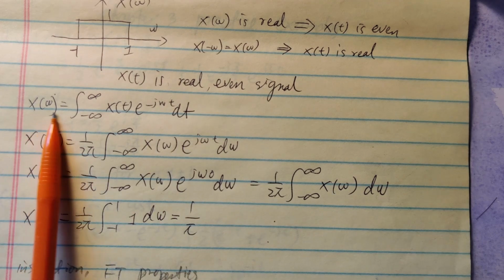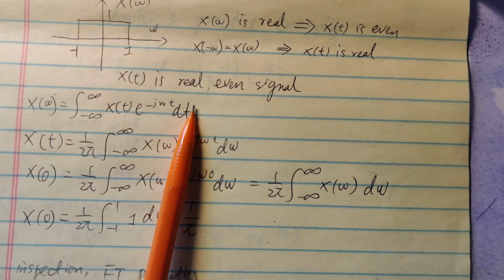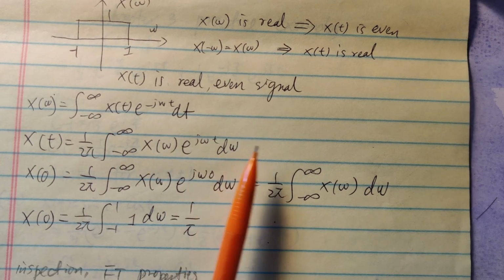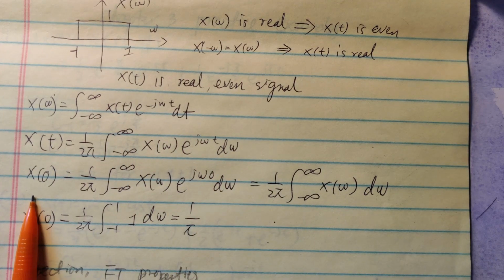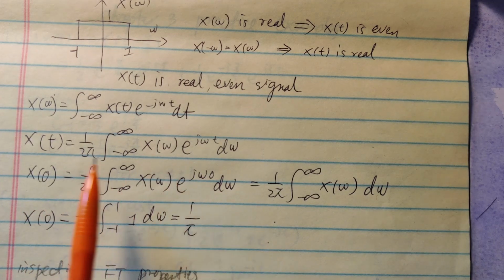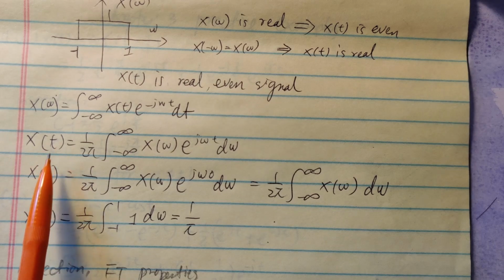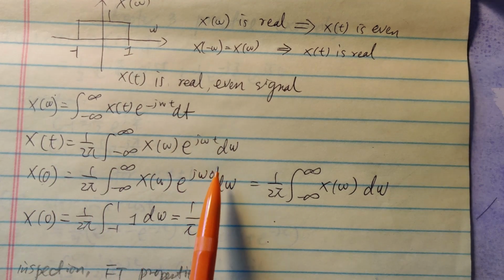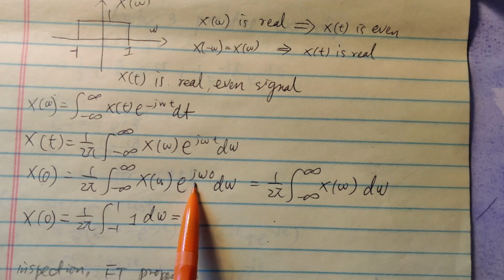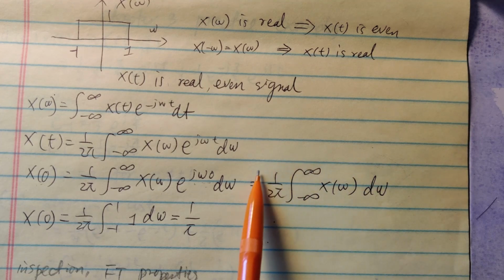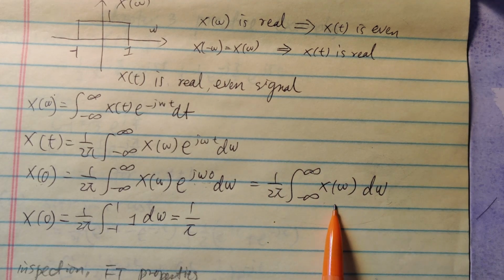Okay, so this is the definition of X(ω), and this is the definition of the inverse Fourier transform. So x(0): we change t to 0 here, right? In this equation, t goes to 0, e^(jω0) is 1, right? So x(0) is just the integral of the entire X(ω).